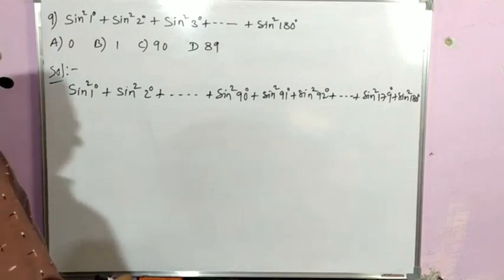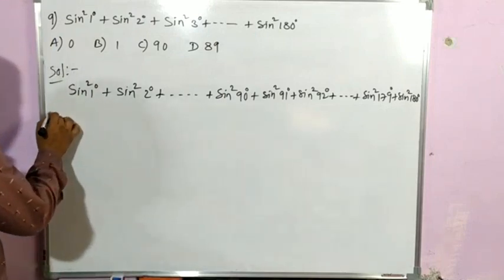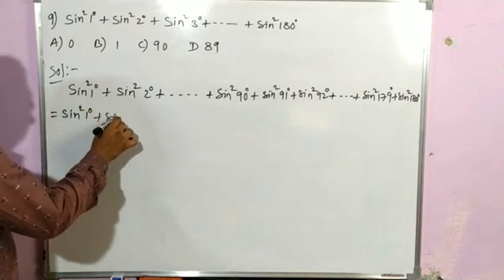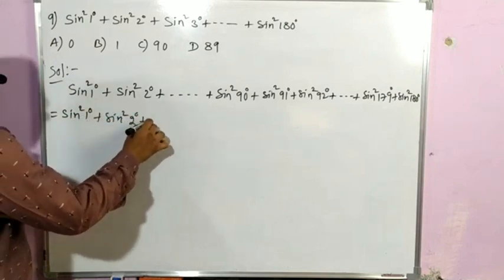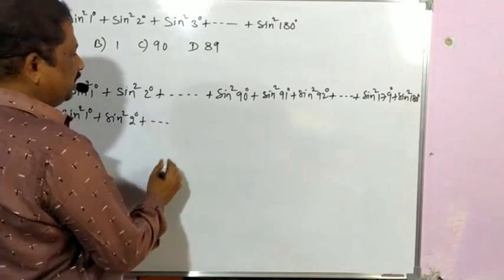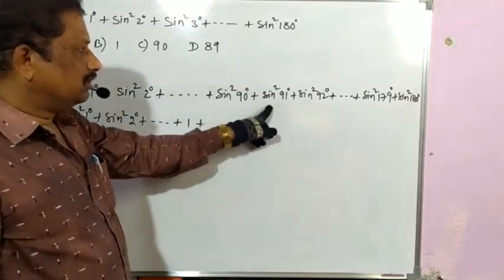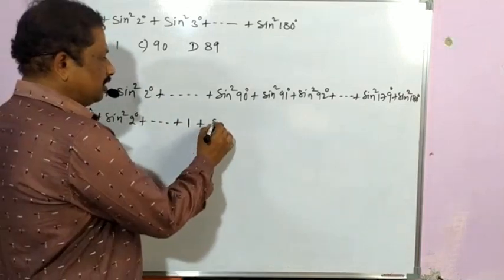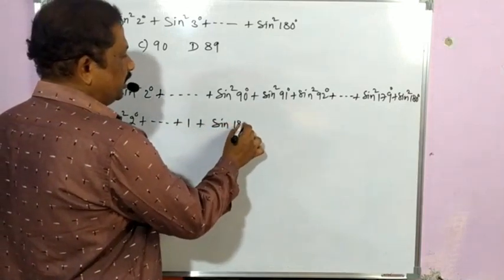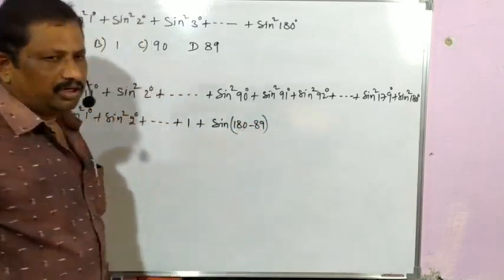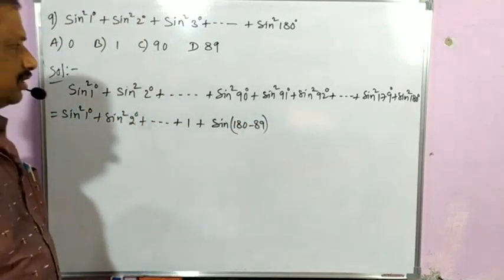So next step: sine square 1 degree plus sine square 2 degrees plus so on. Sine 90 will become 1. Plus here you see, this way I am going to write sine 180 degrees minus 89, 180 minus 89, 91 we will get.